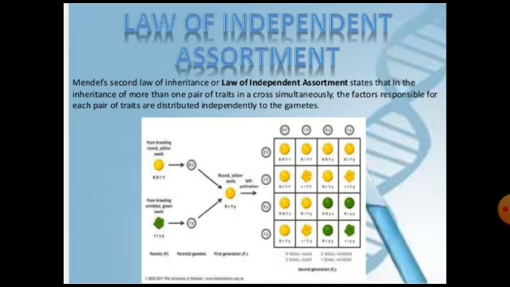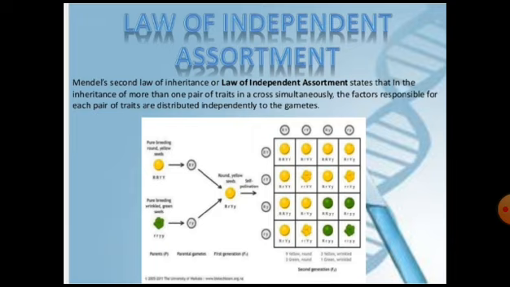Okay, now the second law, known as the law of independent assortment. Mendel's second law of inheritance, or law of independent assortment, states that in the inheritance of more than one pair of traits in a cross simultaneously, the factors responsible for each pair of traits are distributed independently into the gametes.